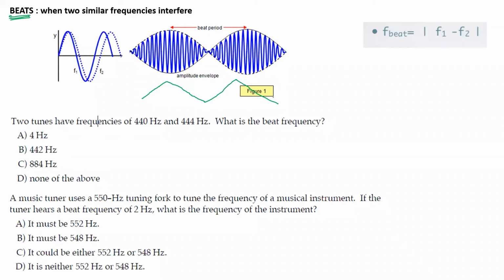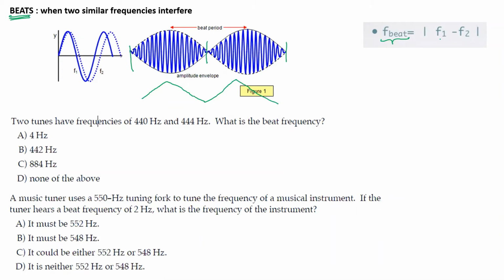And the beat frequency means the frequency of these big envelopes. It is called the beat frequency: how frequently you hear these beats. And it is given by this equation. Very easy.